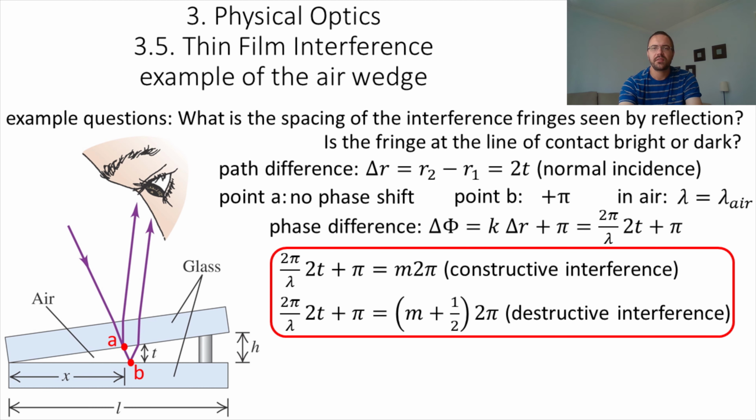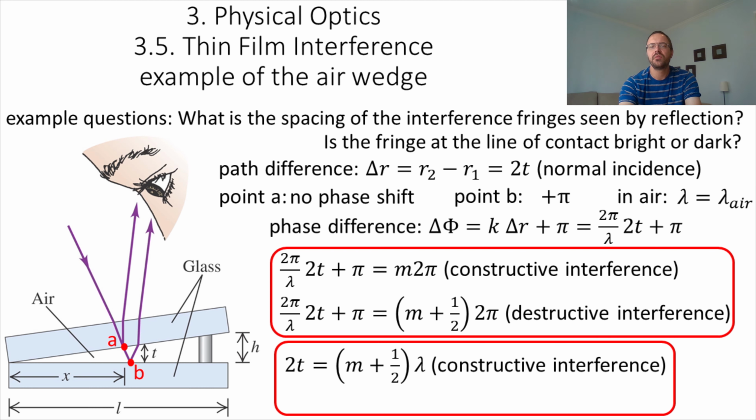And you can rewrite these equations. The first one gives you that if 2t is equal to (m plus 1/2) lambda, then we have constructive interference. And the second one gives you that if 2t is m lambda, then we have destructive interference. So you can see that as the thickness is changing, we will have a succession of constructive and destructive interference.